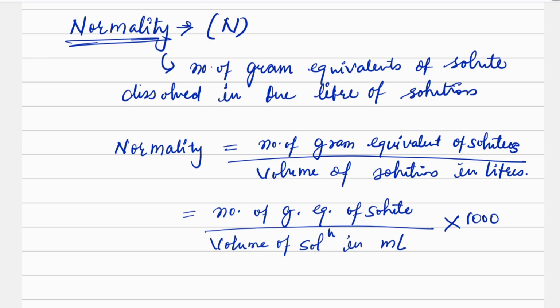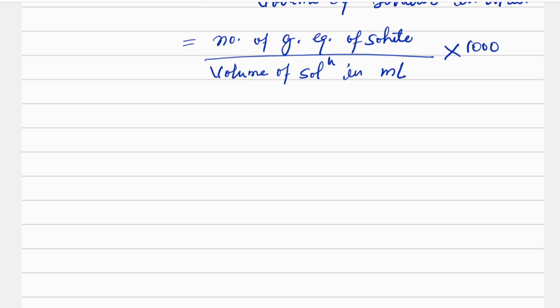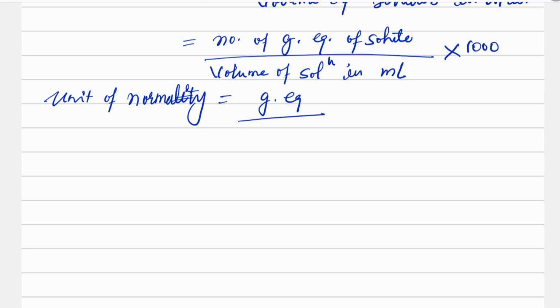Now the question arises that we are talking about gram equivalent of solute. What is this gram equivalent of solute? Okay, and how is it calculated? Before doing that, let's know about the unit of normality. Unit of normality is number of gram equivalents divided by volume taken in liters.